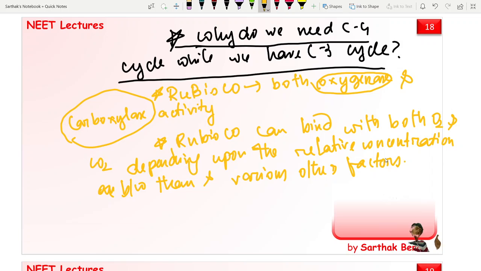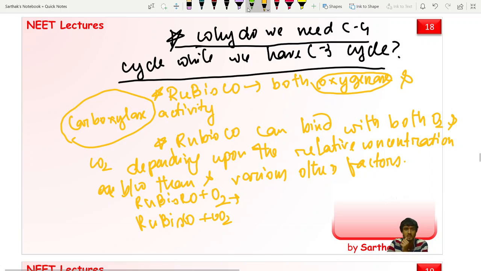So this Rubisco enzyme can bind with O2 also, and Rubisco can bind with CO2 also.